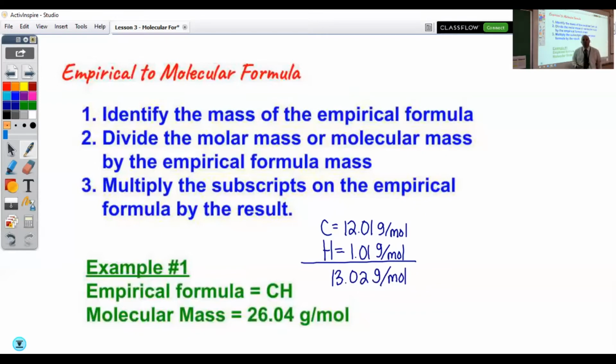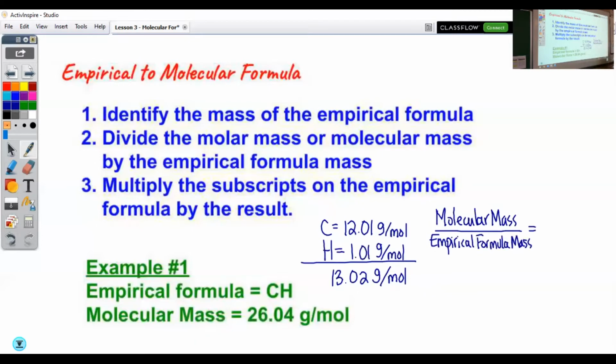As I mentioned, we are going to divide our molecular mass, which is provided to us in the problem, by our empirical formula mass. So, molecular mass divided by empirical formula mass.